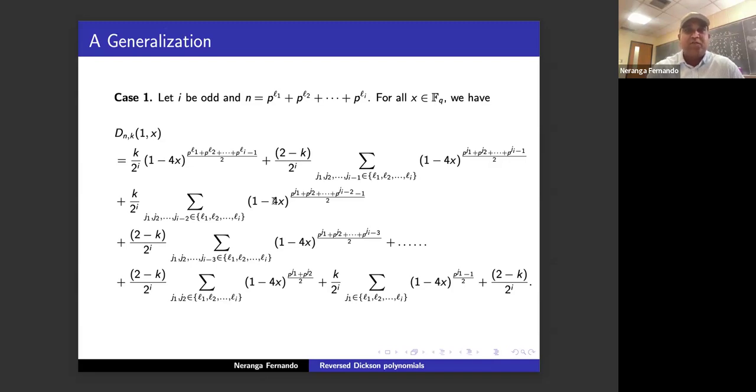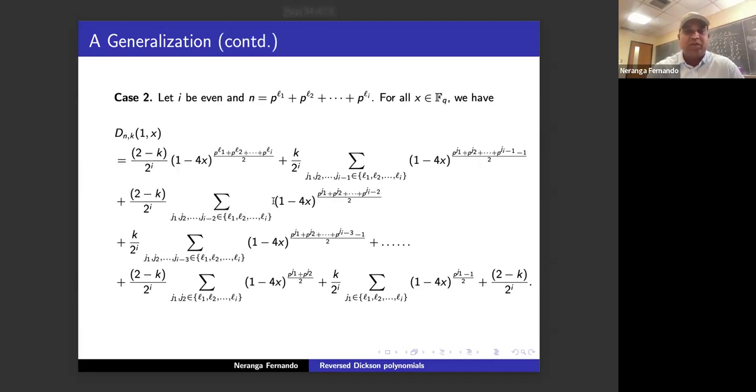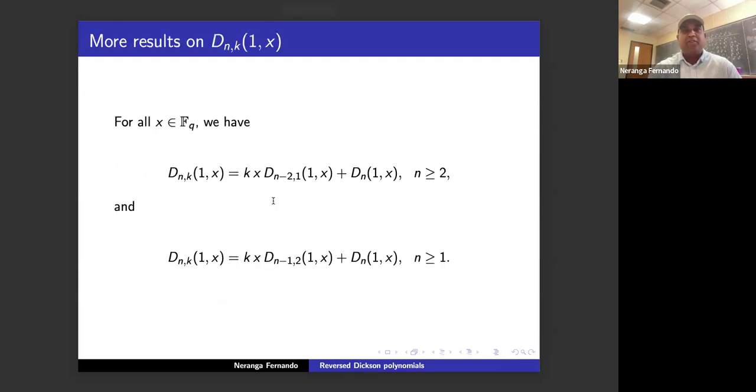This is the case when I is odd, and when I is even, it looks very similar. Then I showed that we can also write the k plus one kind in terms of the first kind and the second kind. Again, I showed some more algebraic properties satisfied by the k plus one kind.